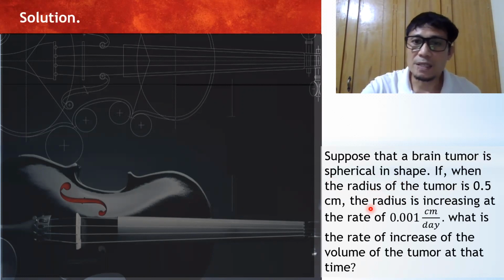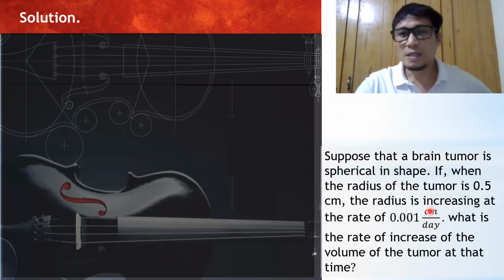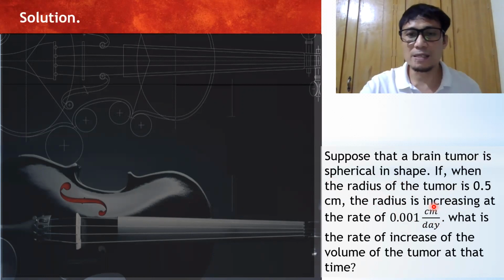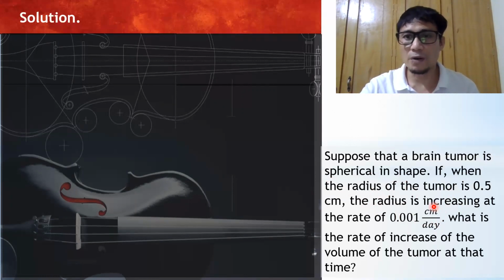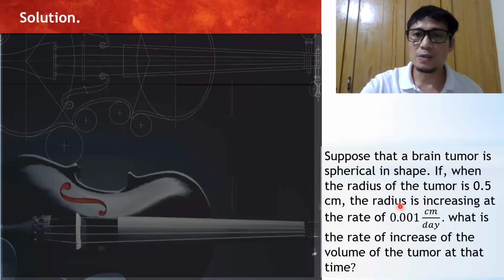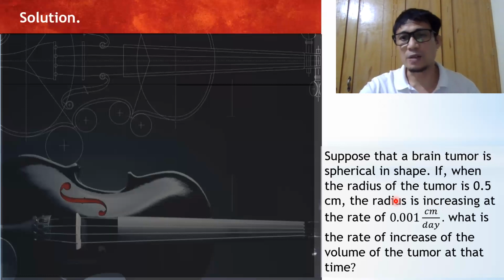Then we have here the radius is increasing at the rate of 0.001 centimeter per day. Now, whenever you see the phrase increasing at the rate of, or changing at the rate of, or decreasing at the rate of, it means that you have a quantity that changes with respect to another quantity. Like in this case, the radius is changing with respect to time.